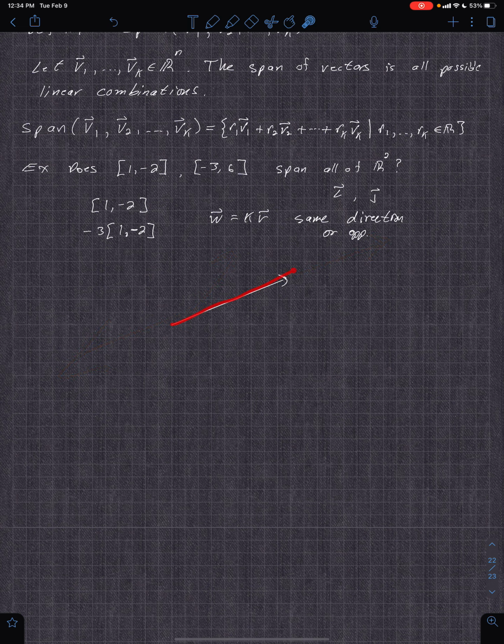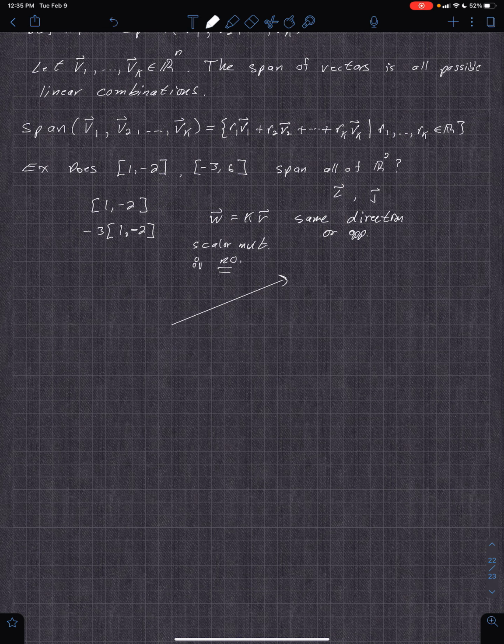It's either same direction or opposite, but not that one or that one or that one. So because they are scalar multiples of each other, therefore no, those two vectors do not span all of R2.